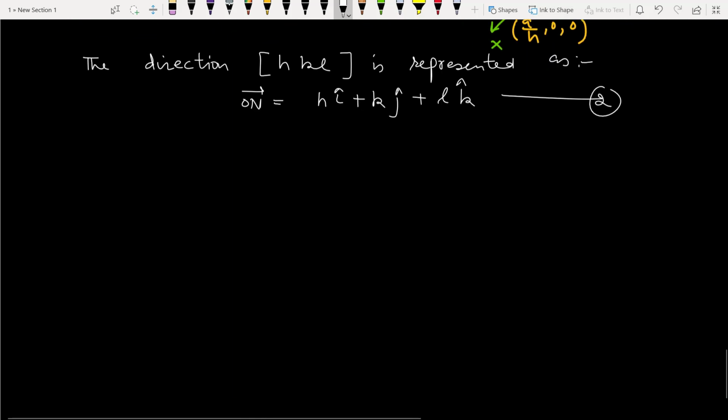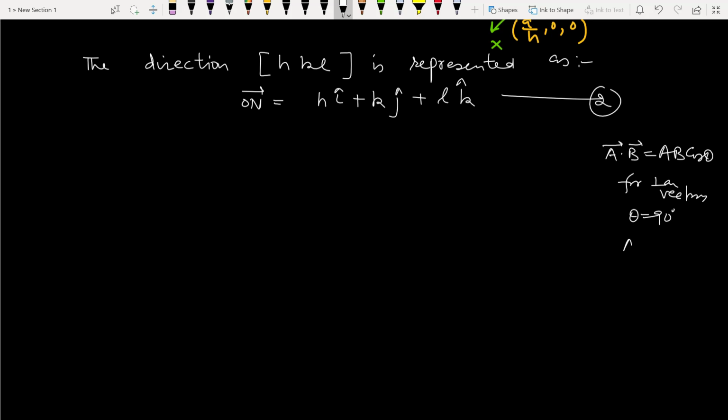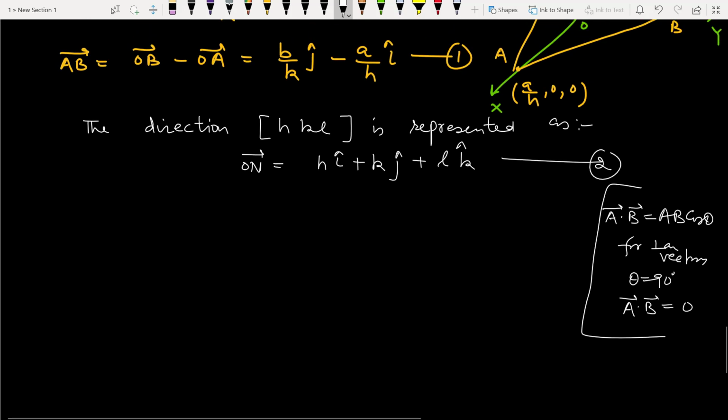As we know, A dot B is AB cos theta. For perpendicular vectors, theta is 90 degrees. So cos 90 is 0, so A dot B is 0. So we will use this concept for the solution of the present problem. Here we take the dot product of the AB and ON vectors.